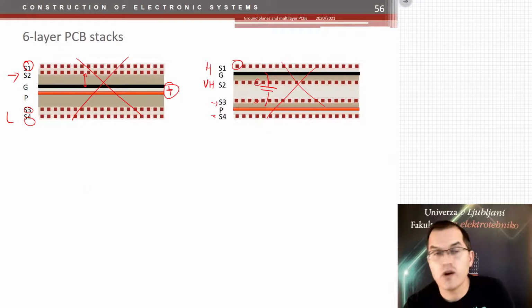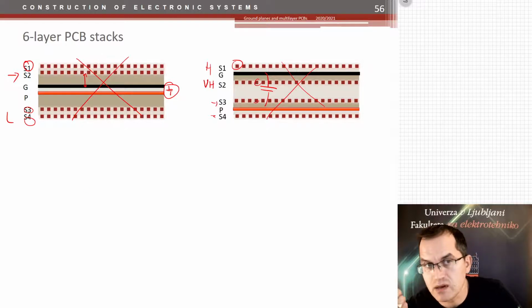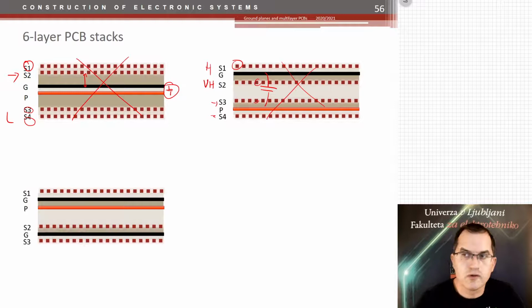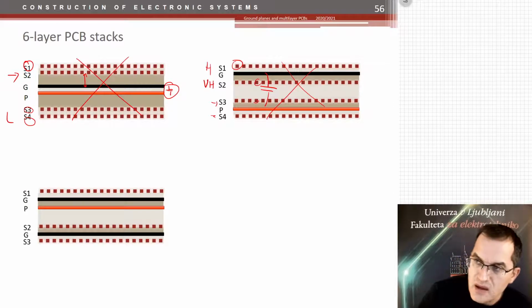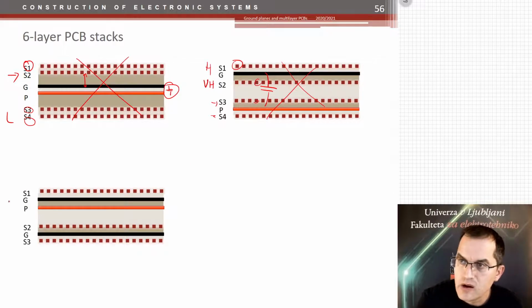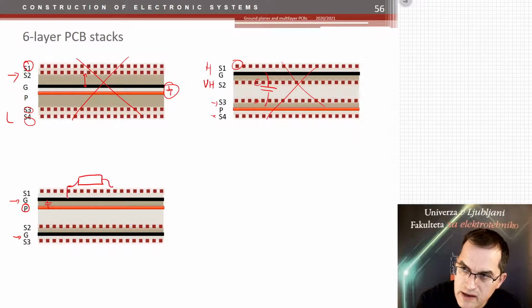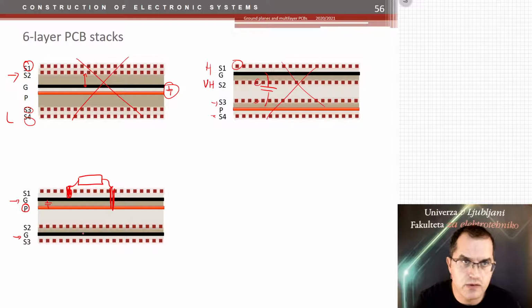Well, if you have enough to spare for a little bit more, you can go for that arrangement where you have two ground layers, which is quite a good option, because you have now the power layer very close to ground. The ICs on top would be connected to it with very short wires, so that also means low inductance to the ICs.